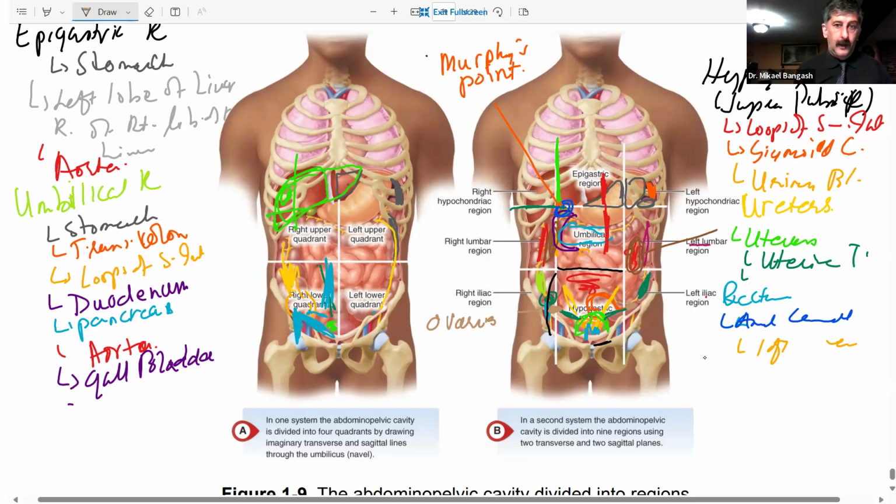And that can explain why sometimes ovarian cysts can be confused with appendicitis, especially if it is on the right side.